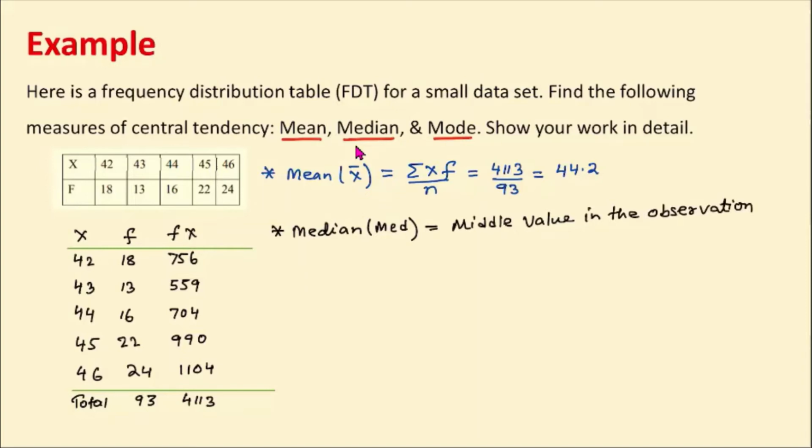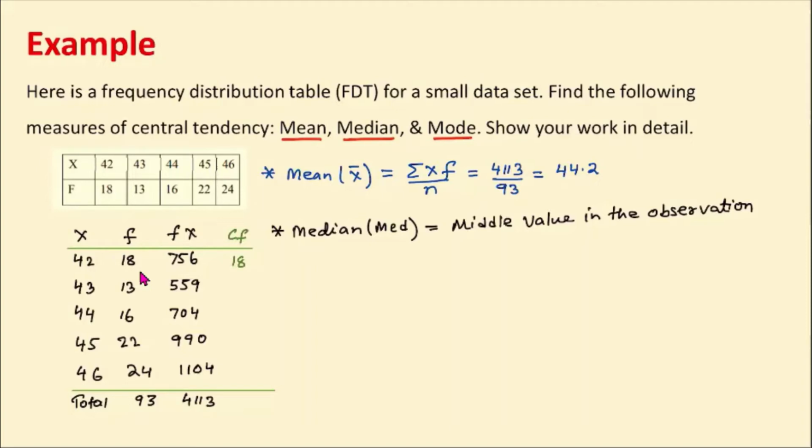Now, when we say middle value, first we need to know how many data values are here. That is, we have 93 data values. Let's also find the cumulative frequency on the side. Sometimes that will be helpful. The first frequency is 18.